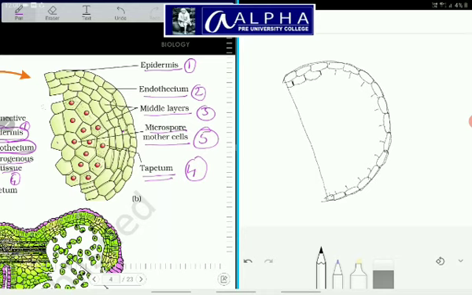Now you join the radial cell walls with tangential cell walls. Drawing the endothecial cell layer is over. Let me label so that it will be very clear for us. This is the epidermis, this is the endothecium.